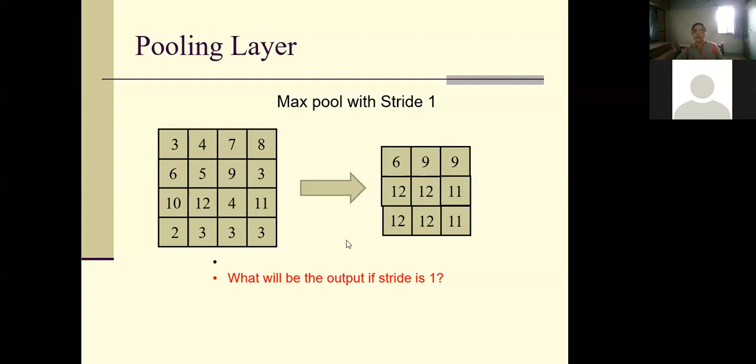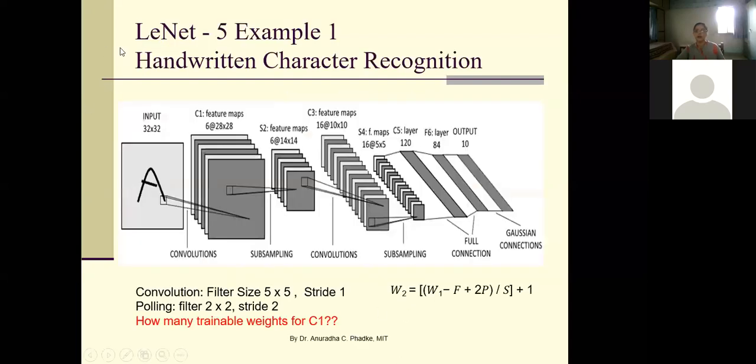Now let us have a look at some pre-trained convolution neural network architectures. One example of convolutional neural networks is LeNet-5. Okay, so this LeNet-5 is used for handwritten character recognition. Now here you can observe various layers.